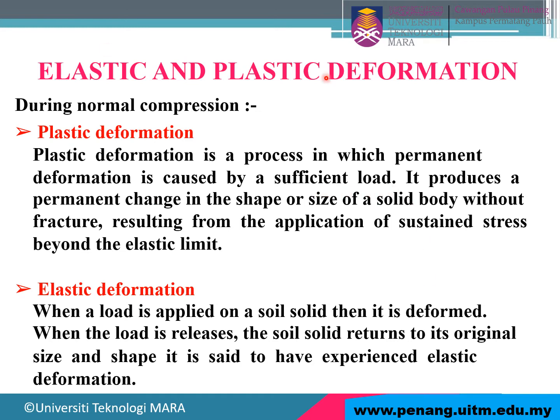It produces a permanent change in shape or size of a solid body without fracture, resulting from the application of sustained stress beyond the elastic limit. Since it is more than the elastic limit, the shape or size of the solid will be changed.